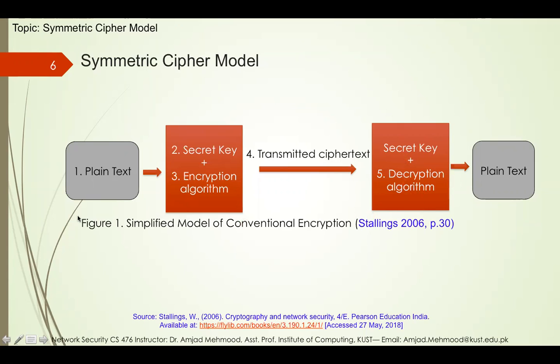So these are 5 components: plain text, encryption algorithm, security key, and then you have the ciphertext, which is normally mingled, and nobody can understand it without the receiver. So this is the 4th one, and then you need the decryption algorithm to apply it back to get your message.